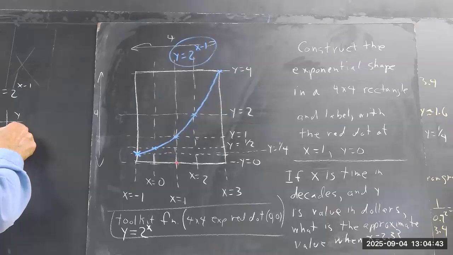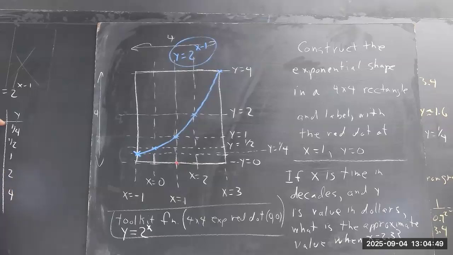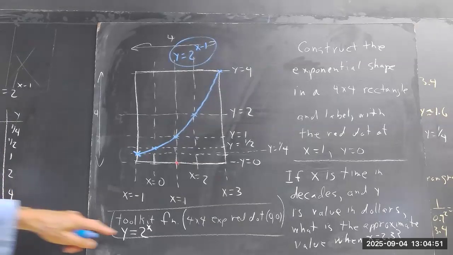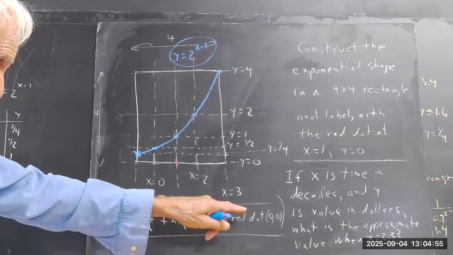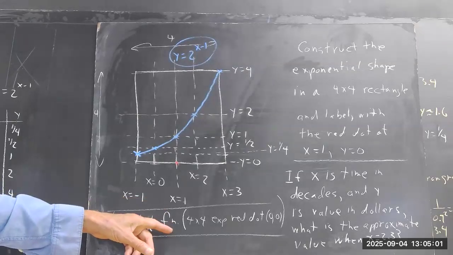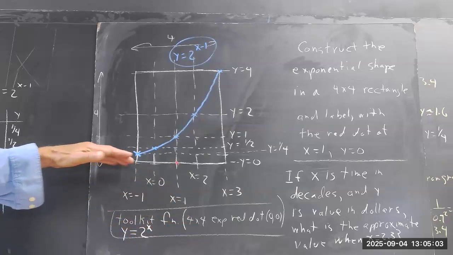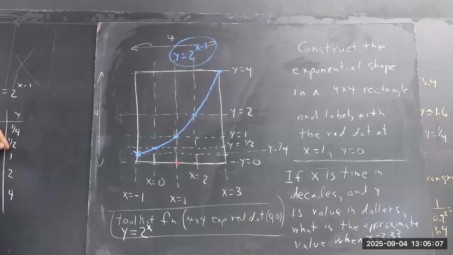So we've done this in more detail. Now, these are the same y values you get if you draw the 4x4 exponential with the red dot at 0, 0. Okay? It's a 4x4 rectangle, and the red dot has y coordinate 0, you're always going to get these numbers.